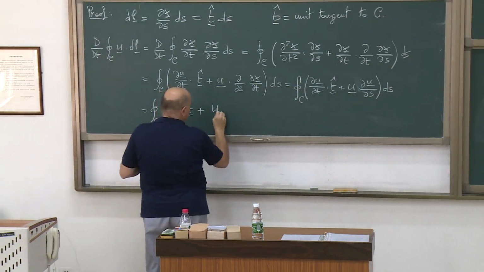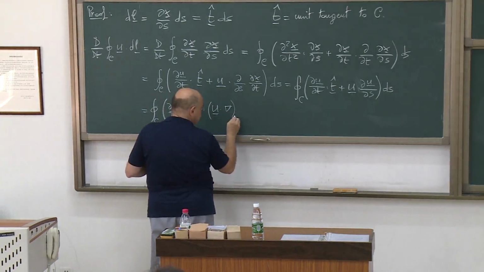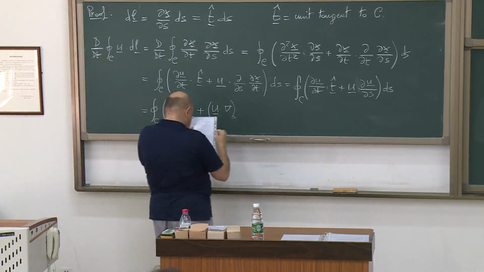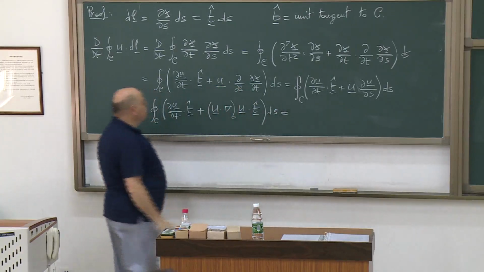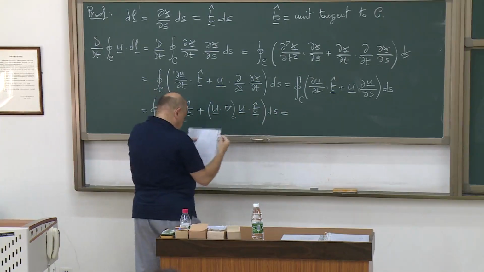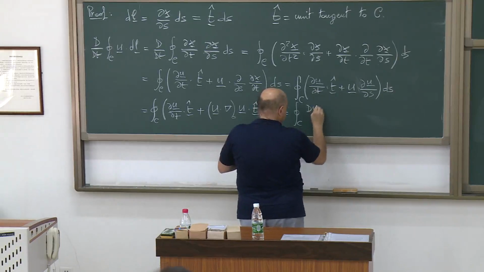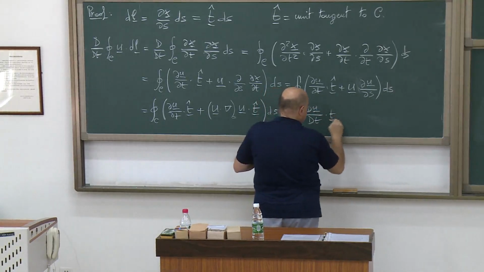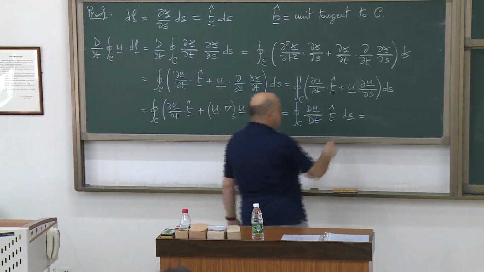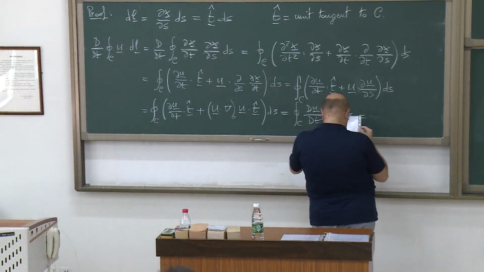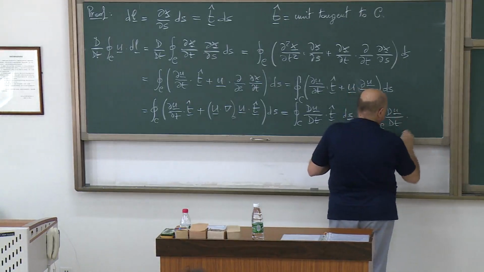So let me write it like u·grad, intending this along the tangent, along s, but I specify this by putting a T here. We have a T and a T, so this is just the integral of du/dt times the unit tangent in ds. So we can reduce this back to dl: T ds is just dl, so this is just du/dt times dl.